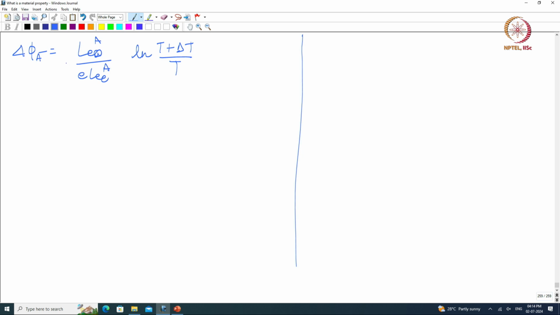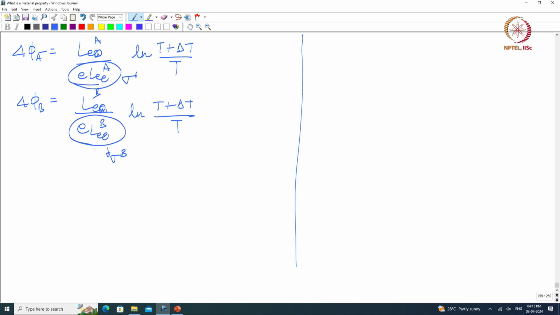Similarly, delta phi B, this is not a gradient, is L_EQ,B by L_EE,B ln (T plus delta T) by T. So, this part remains the same. Now, L_EE,A is nothing but my sigma A and L_EE,B is my sigma B, these are the conductivities of A and B.